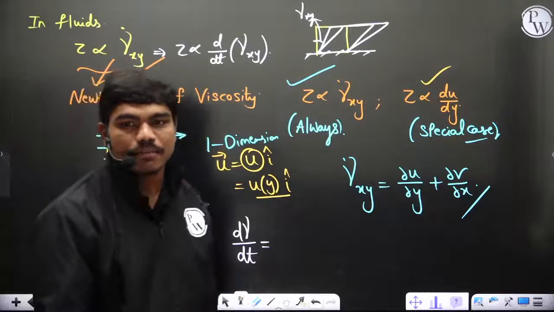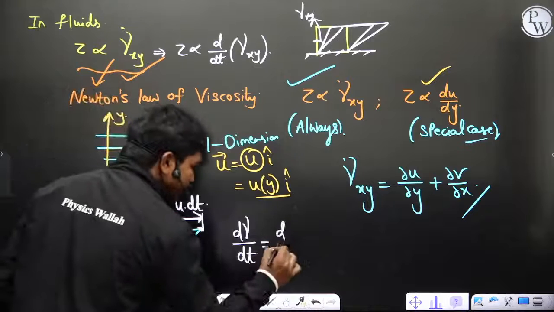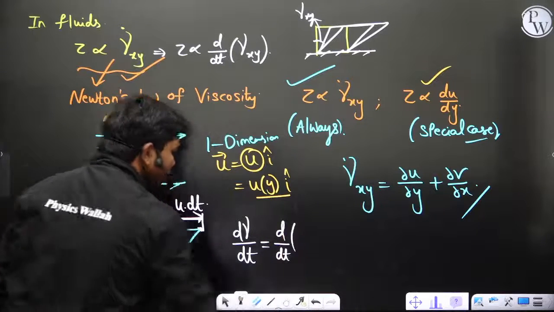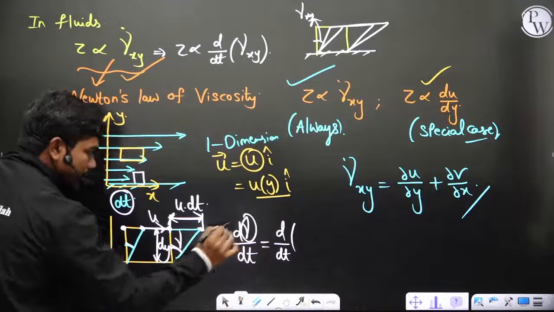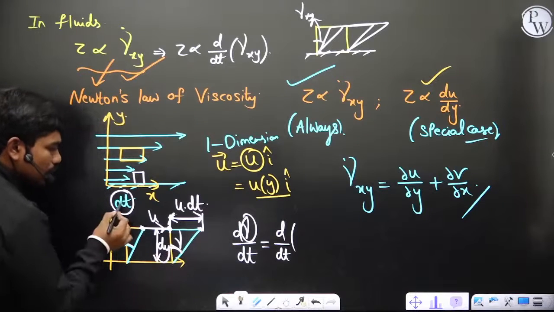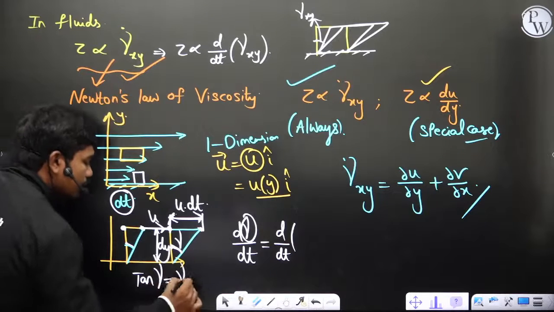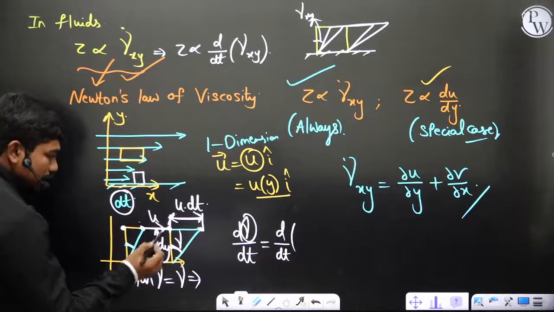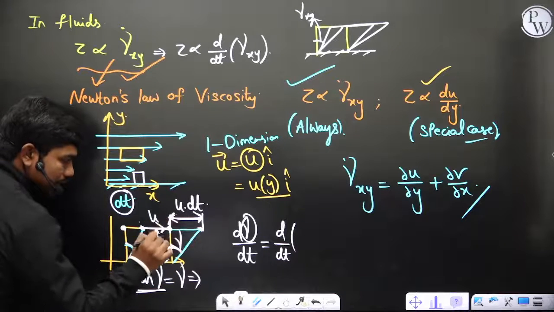Velocity into time, correct? So therefore if you apply this expression d by dt of gamma, for a small time interval, tan gamma is equal to gamma. From this triangle, tan gamma is u dt divided by dy.